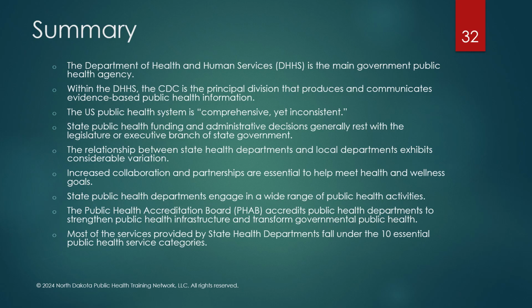State public health funding and administrative decisions generally rest with the legislature or executive branch of state government. The relationship between state health departments and local departments exhibits considerable variation. Increased collaboration and partnerships are essential to help meet health and wellness goals.